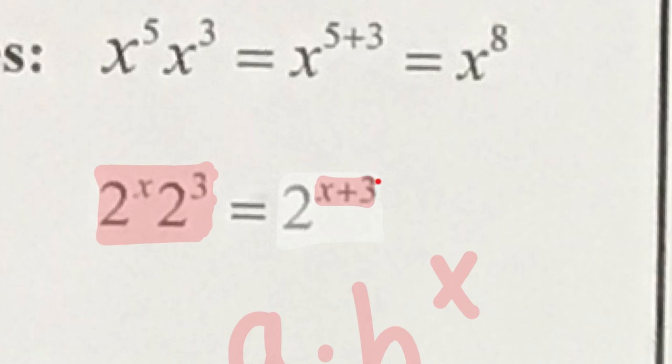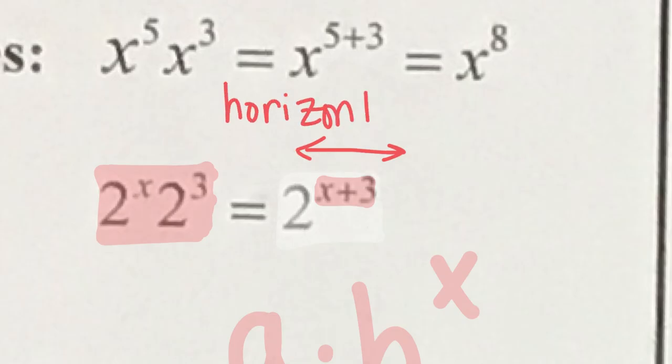Because in an exponential, this is where your horizontal transformations happen. They happen in your exponents, because that's where your x is. This is where your horizontal shifts happen. Anything horizontally is happening in your exponents with your x.